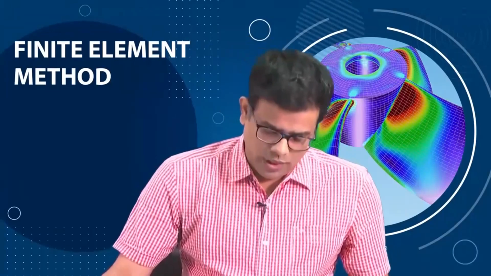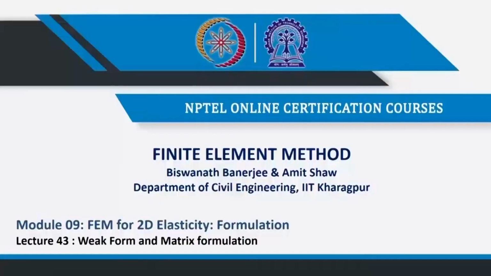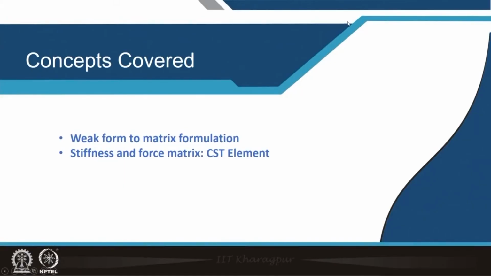Welcome. So, we are in the second lecture of module 9. In the last class we studied the 2D elasticity problem and its weak form, how the weak form comes.